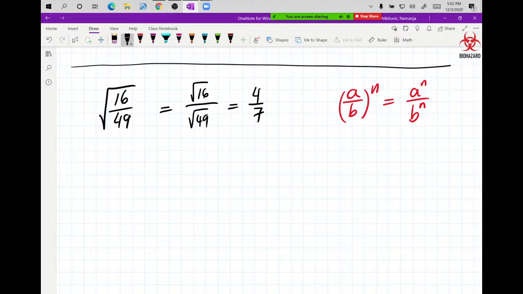So to take a root of these fractions, you are literally dealing with the square root of the top divided by the square root of the bottom, and then you just take the square roots independently on both of those.